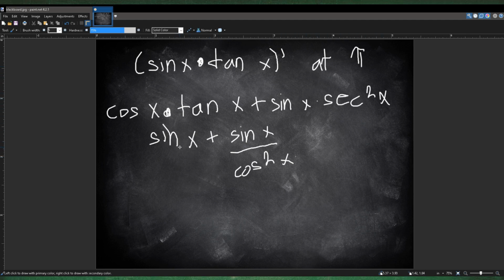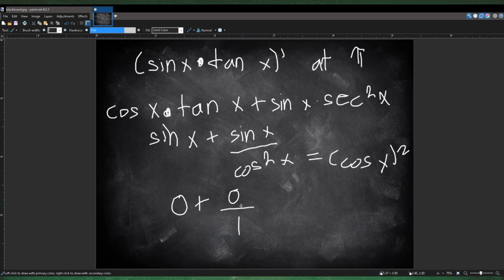So sine of pi, just plug in pi into x. So sine of pi is 0. And sine of x, so you put the pi in there, which is 0. And then cosine, basically this is the same thing as saying cosine x squared, right? So cosine of pi is -1, so -1 squared is just 1.